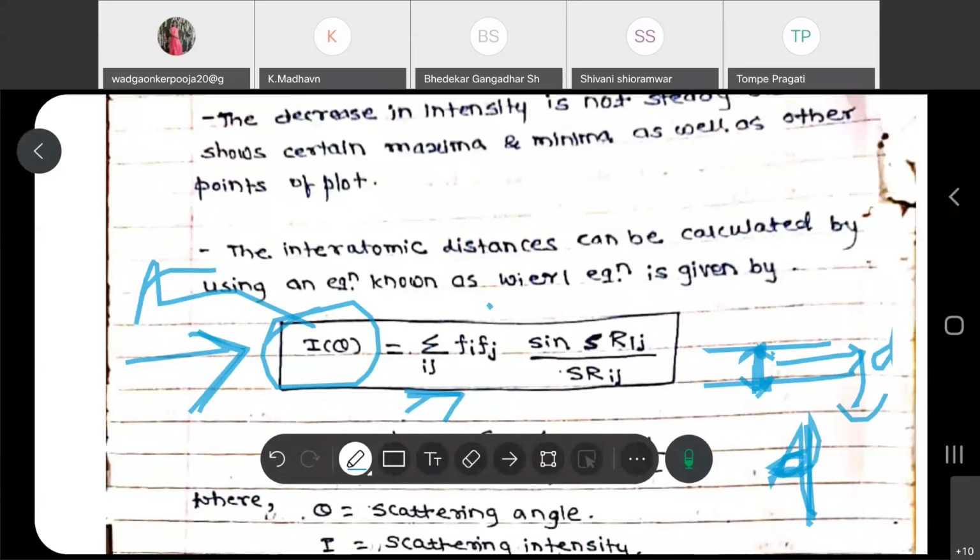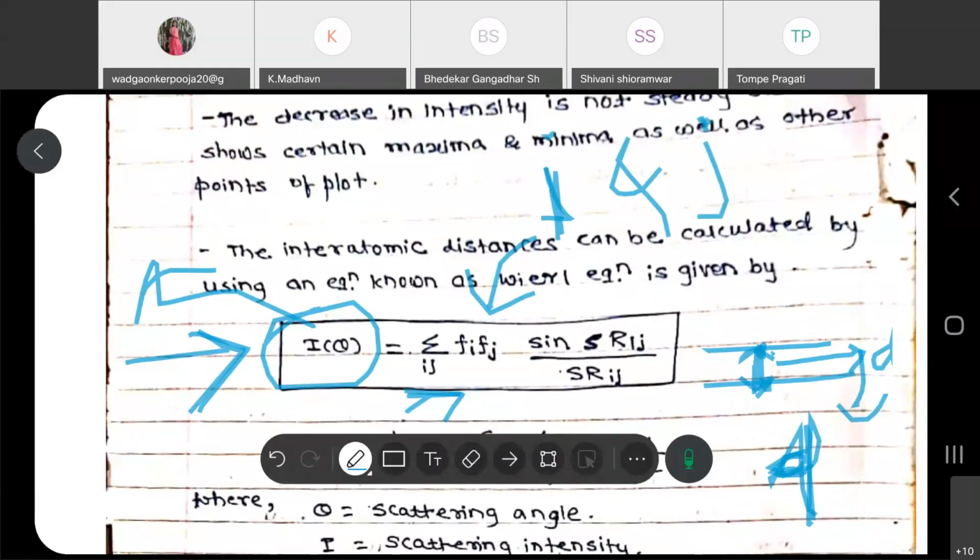Now you may ask me, ma'am, what does the summation over ij mean? Summation over ij means the atoms or the wave functions which you are taking for consideration: the ith atom and the jth atom.